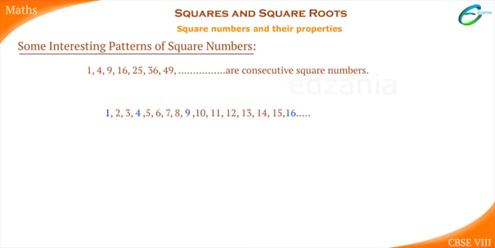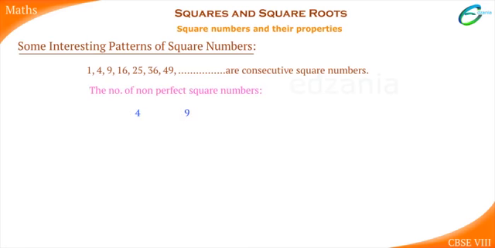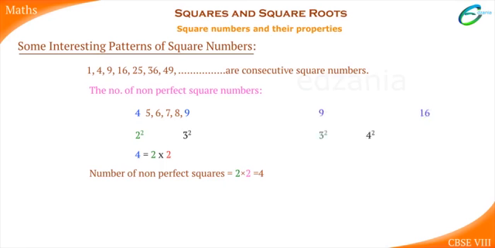Let us see what is the pattern behind it. 4 and 9 can be written as 2 square and 3 square respectively. The number of non-perfect squares between 4 and 9 is 4. 4 can be written as 2 into 2. Similarly, the number of non-perfect squares between 9 and 16 is 6. 6 can be written as 2 into 3.